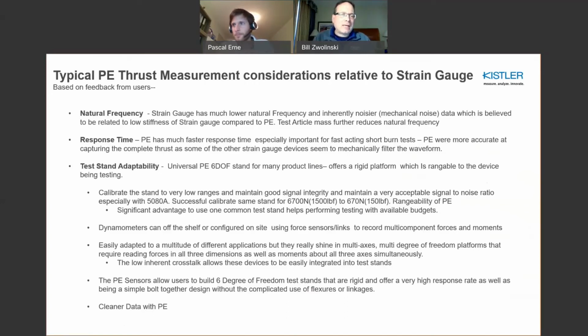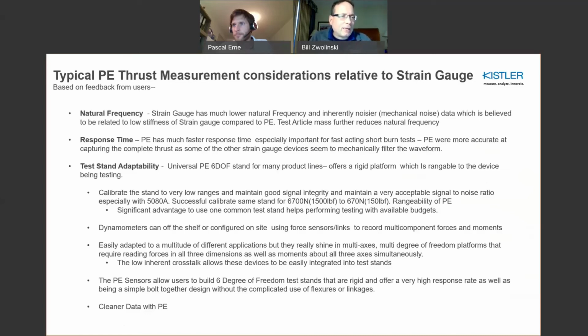A lot of times the researchers were looking at results of, say, a strain gauge measurement, and they felt that there was a mechanical noise or, say, a mechanical filtering due to the frequency limits of a strain gauge device, where the piezoelectric had quite high bandwidth and was less susceptible to static loads of the test article, and they were able to see more fidelity in terms of short or fast acting events.